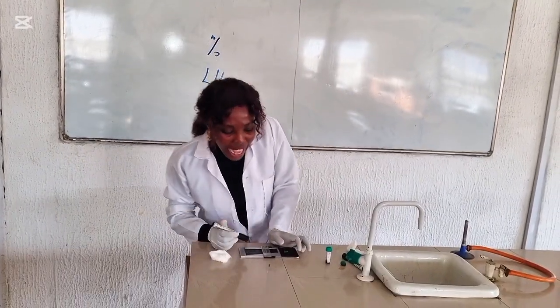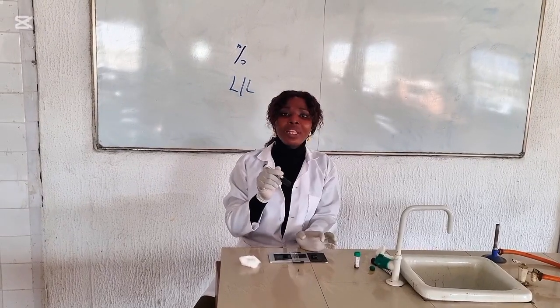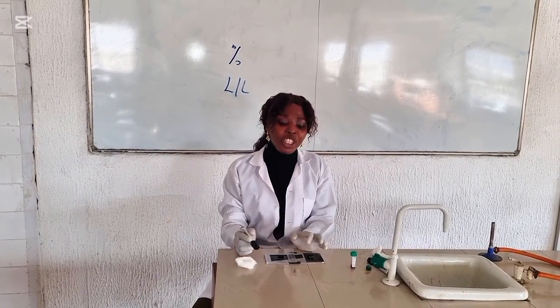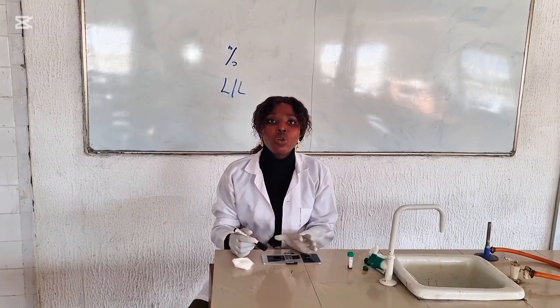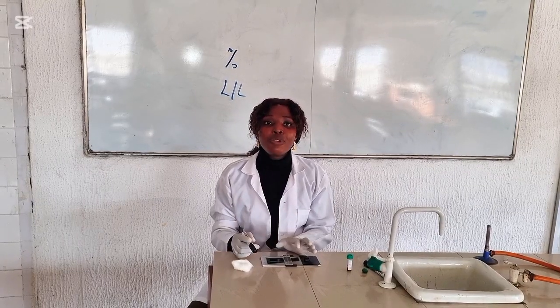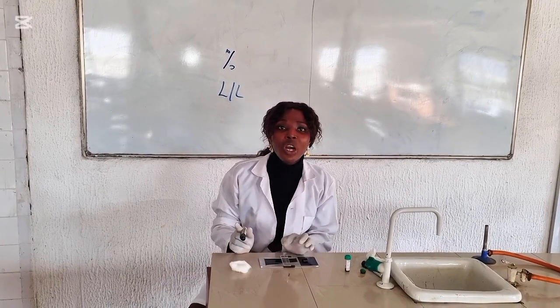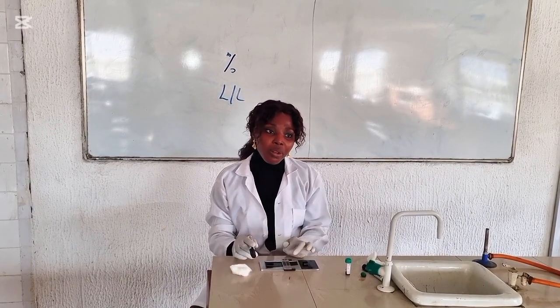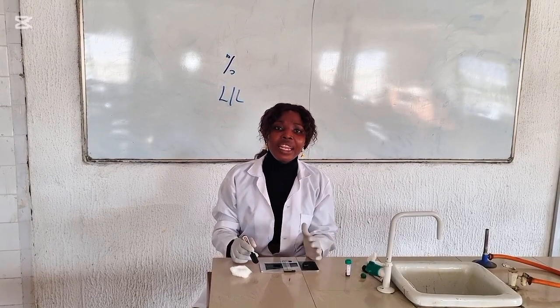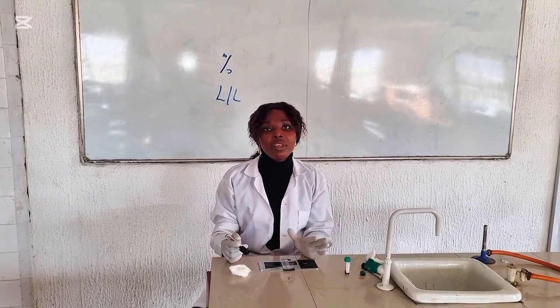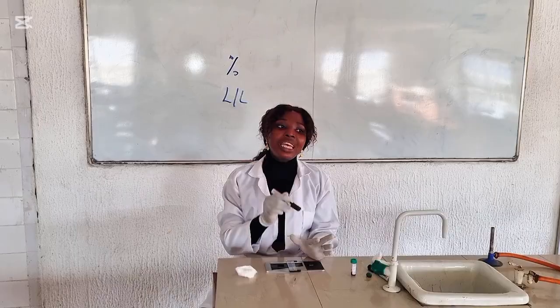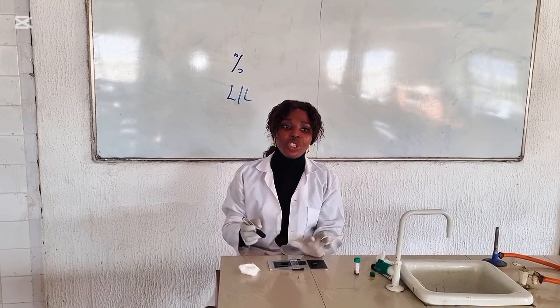I want you to tell me in the comment section what you think. A patient with this PCV result of 37, and this individual is a male. Is this individual anemic or not anemic? So please tell us in our comment section.